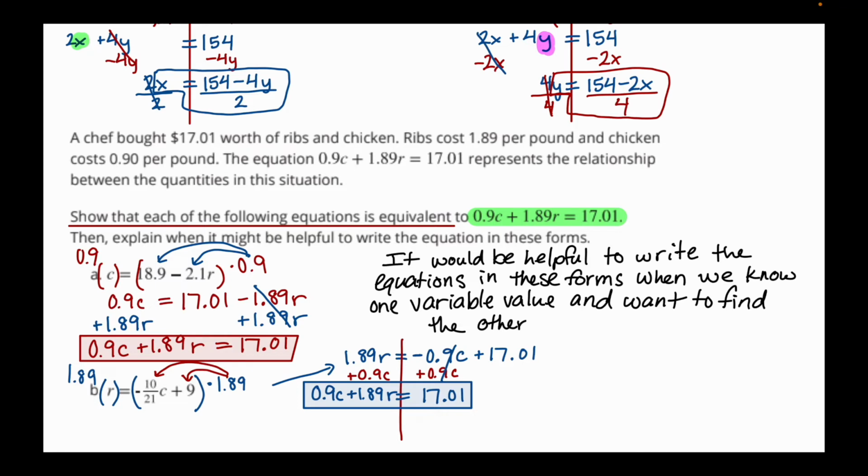There we go. That's my explanation. It's helpful when we know one of the values of the variables and we want to find the other one.